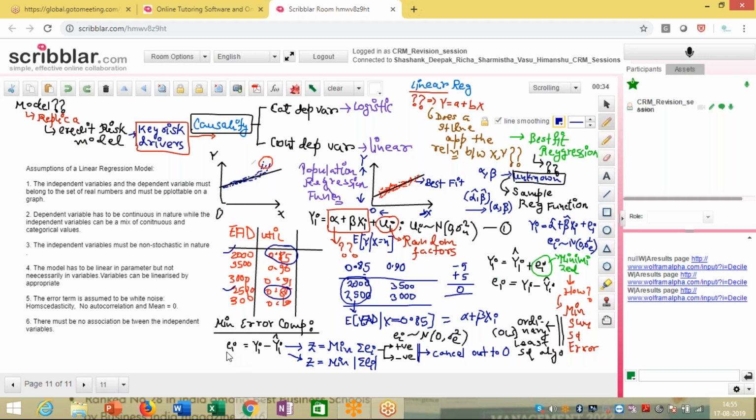Now how does this modulus function work? Let's say y is equal to modulus of x, or mod of x.